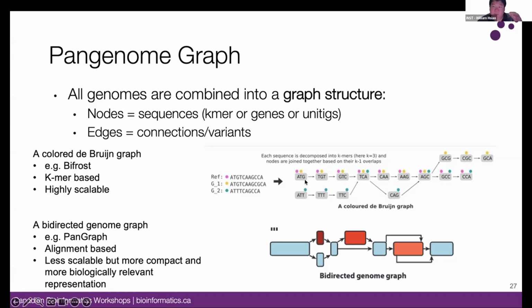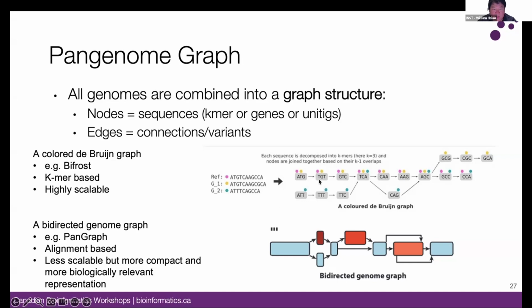And the adjacent overlapping k-mers are then represented as a graph, shown here on the right-hand side, and the strain information is encoded as colors associated with these nodes. That's why it's called a colored de Bruijn graph. And this is to show which strains have which sets of k-mers. An example of a tool like this is called Bifrost, which you'll use in the lab today.